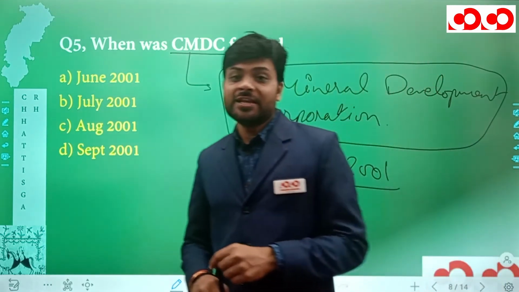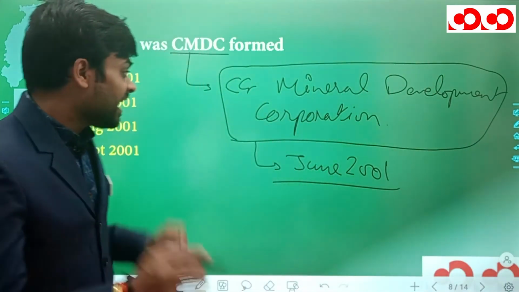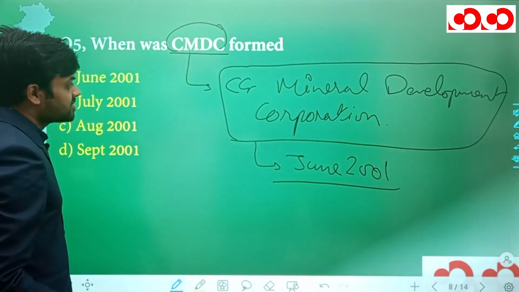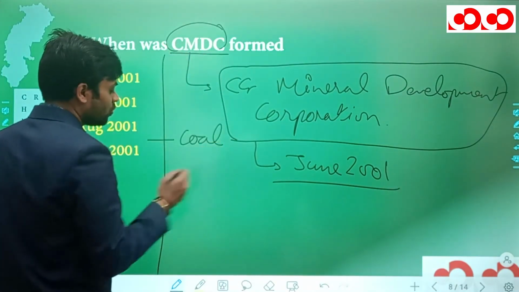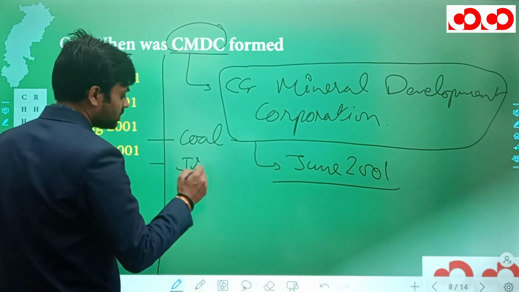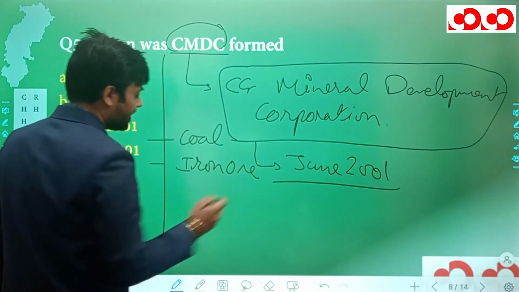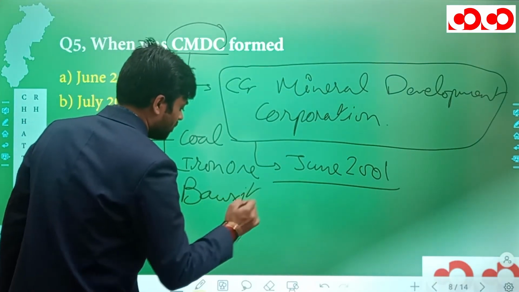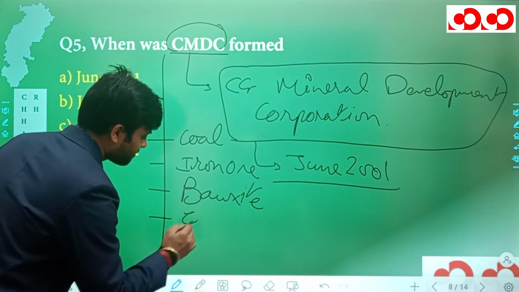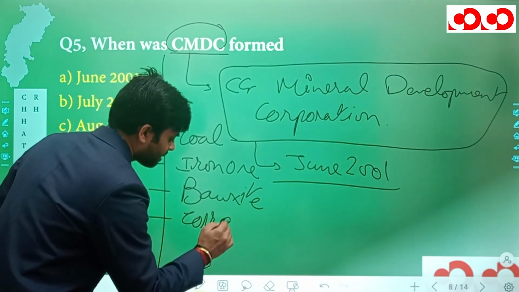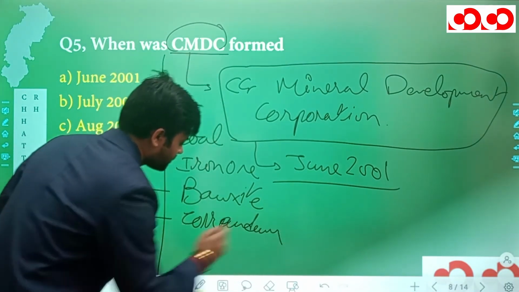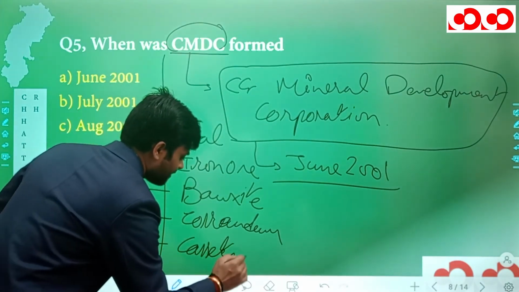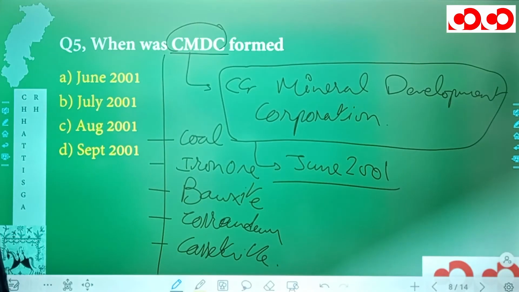Let me also tell you, there are actually 5 projects of this CMDC currently in Chhattisgarh, and they are coal, iron ore, bauxite, corundum, and cassiterite.